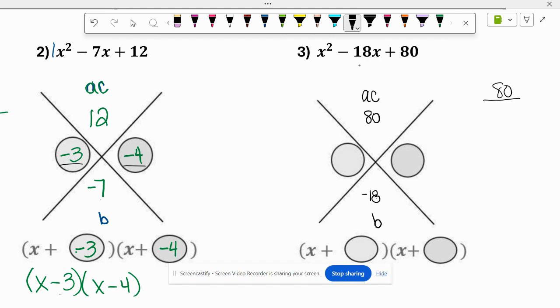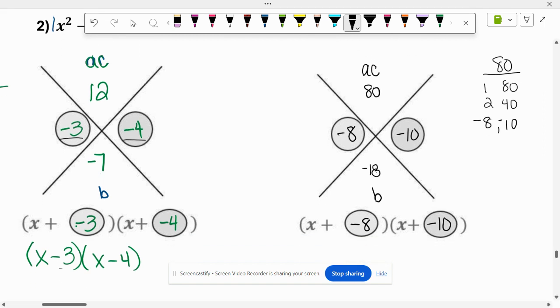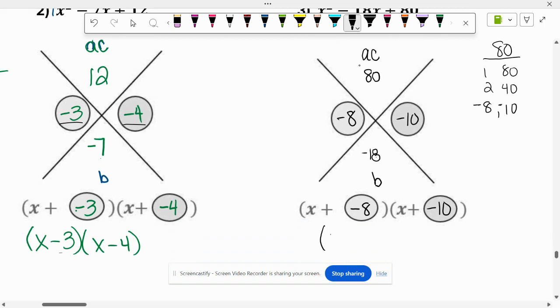Let's see. I heard someone say it. 8 and 10. So we know that 8 plus 10 gives me a +18. So I'm just going to make both of those factors negative because a negative times a negative is still a positive, right? So my factors are -8 and -10. So that gives me x minus 8. I want you to write it as x minus 8 and x minus 10.